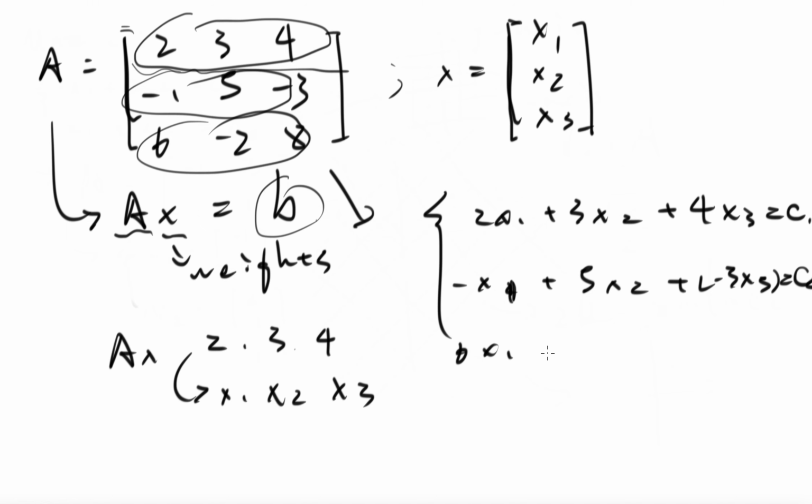And 6x1 minus 2x2 plus 8x3 equals c3. So this is how we multiply a matrix and weights. This is the collection of the linear system.